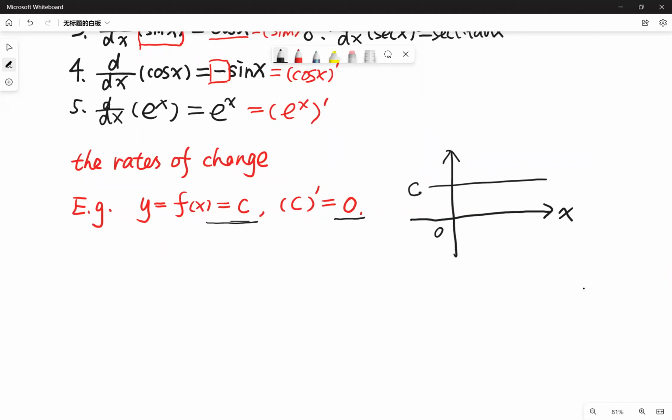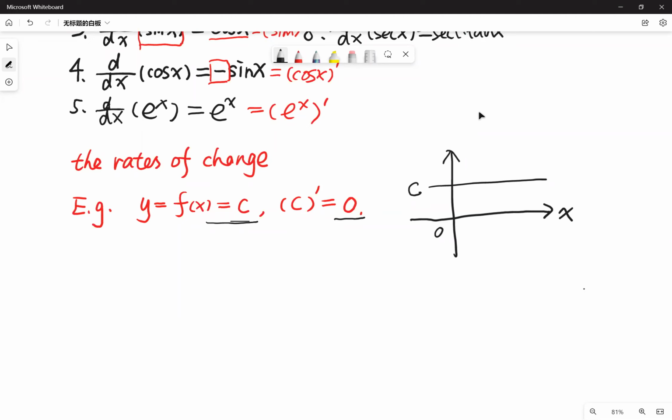That means the function has not changed. And you can see from the graph, at every point, the values are the same. That means the rate of change of this function is 0. That's what the derivative means here.